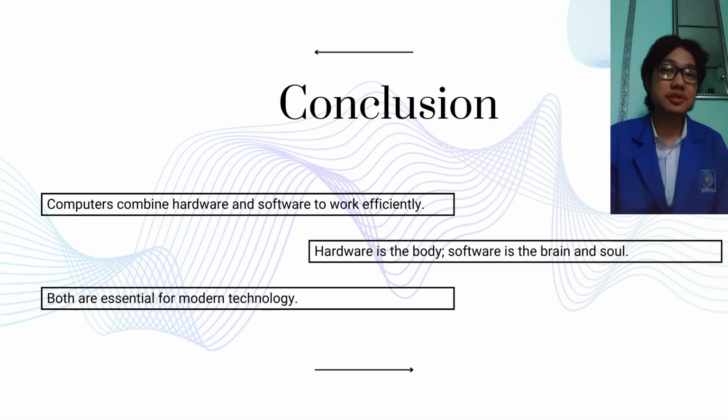In conclusion, both hardware and software are essential parts of a computer. Hardware is like the body. It does the work. Software is like the brain.